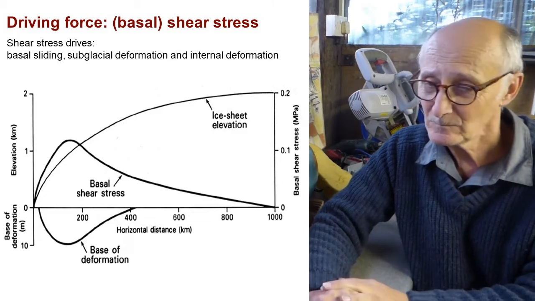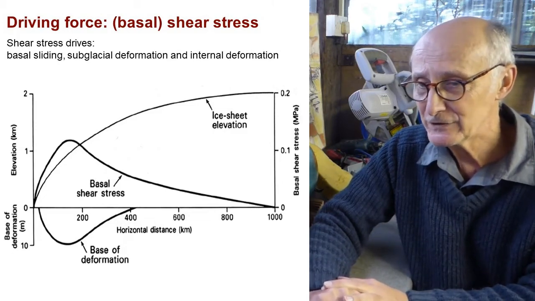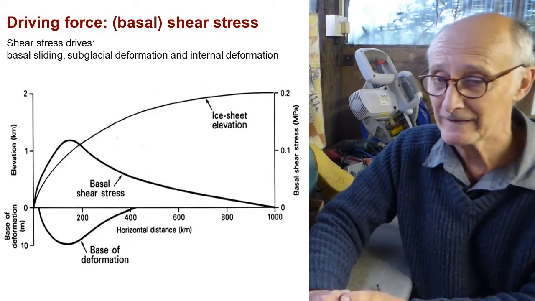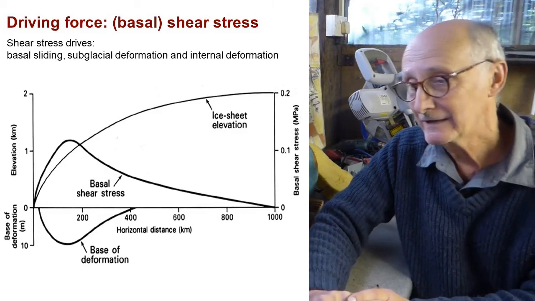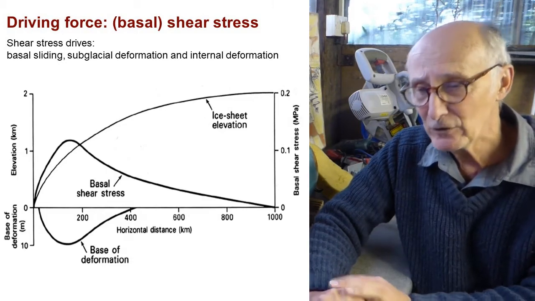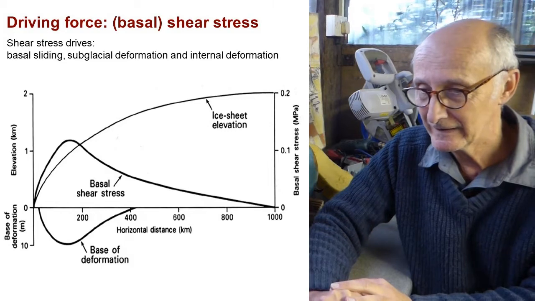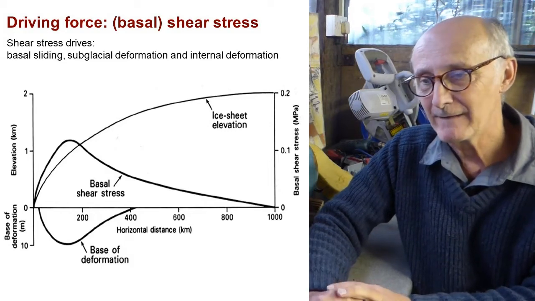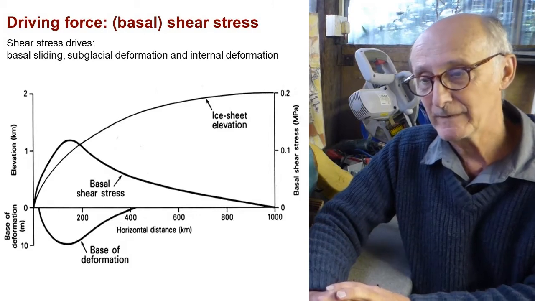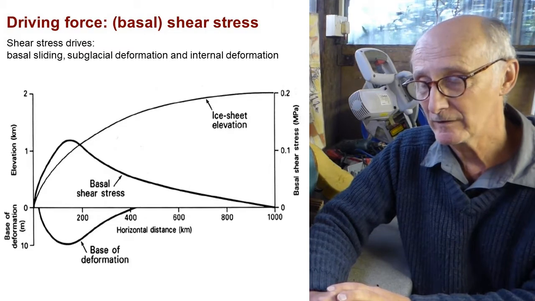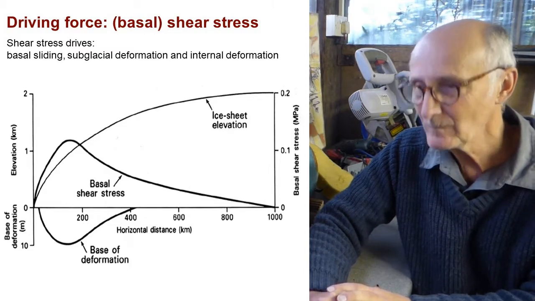The scale on the left shows the elevation of the surface above the base of the ice sheet, 0 at the margin, going up in this example to a 2-kilometre thick ice sheet. At the bottom of that scale the units change to metres, not kilometres, showing the depth of subglacial deformation, the base of the deformation layer, if we're looking at a glacier that has a deforming substrate.